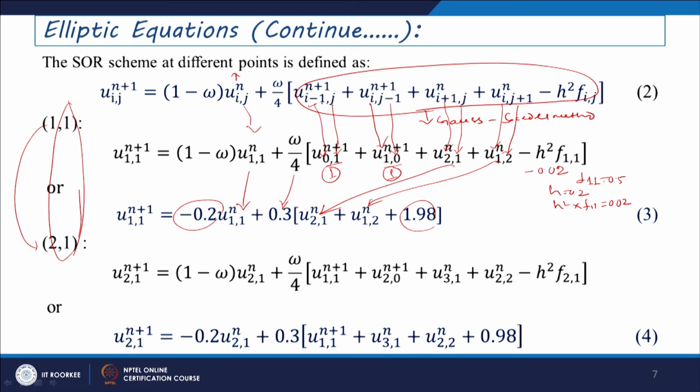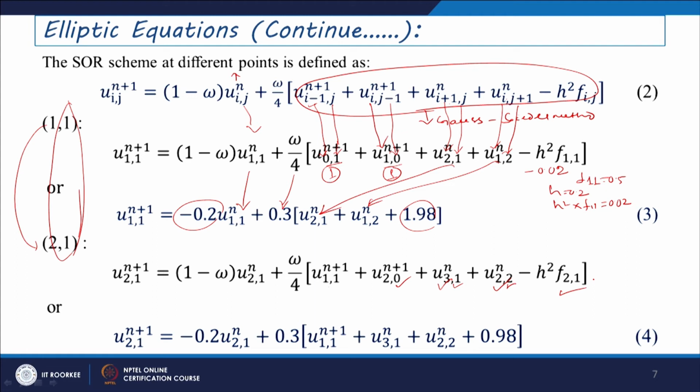If I put i equals 2, this gives 2 minus 1, that is 1; j is 1; then for i equals 2, j minus 1 reduces to 1 minus 1, that is 0. Similarly i equals 2 takes u3, and j is 1, then j plus 1 is 1 plus 1, that is 2, minus h square f21.